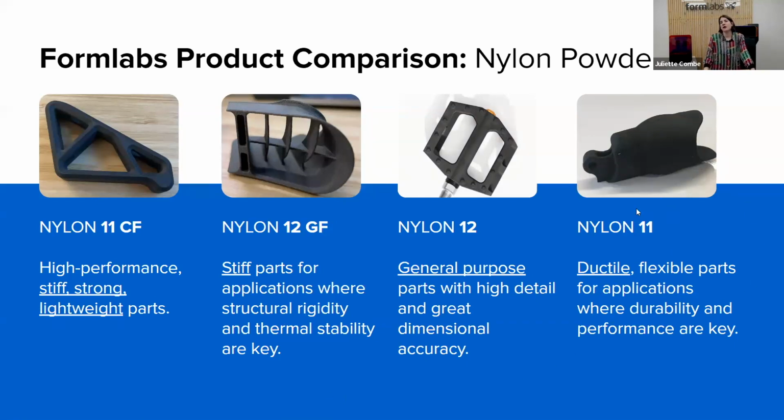Nylon 11 will be more ductile, for more flexible parts, so applications where durability and performance are key. Those are great choices. And then if you want to go into a more specific use case, nylon 11 carbon fiber will be really good for strong and lightweight parts. And nylon 12 glass filled is really good for structural rigidity and thermal stability as well.